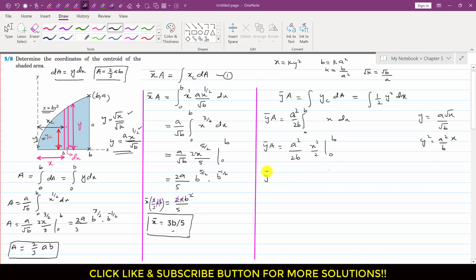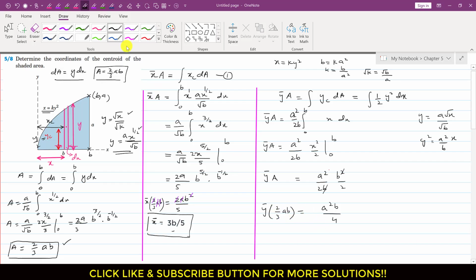This is y bar into area, and this is a square divided by 2b, and if we put these limits, this will become b square divided by 2, right? So this b will cancel out, so we will be left with a square b divided by 4. Let me write it here. So this is a square b divided by 4. This is y bar, area is this thing, 2 divided by 3ab.